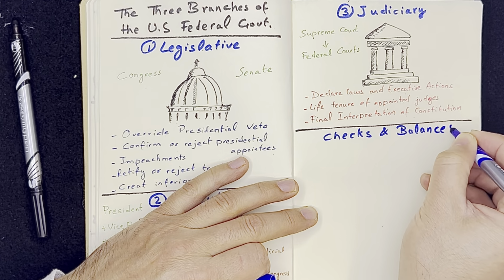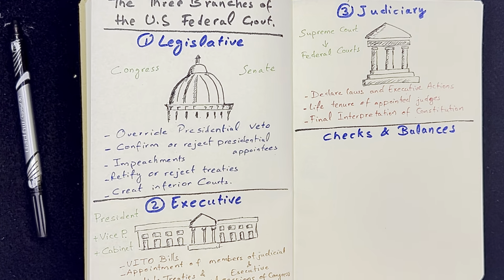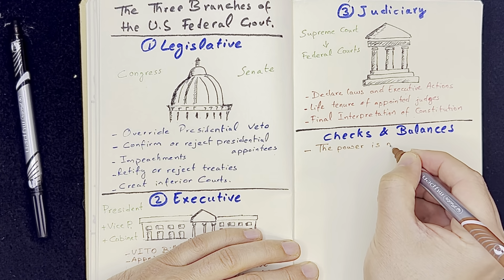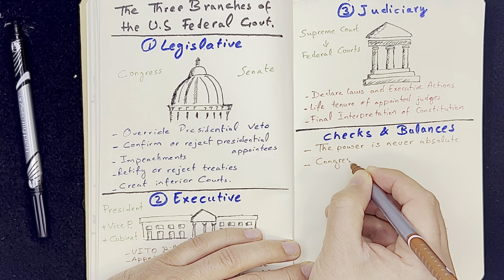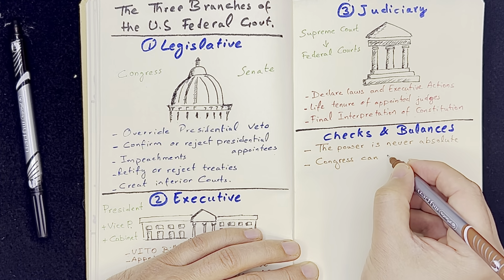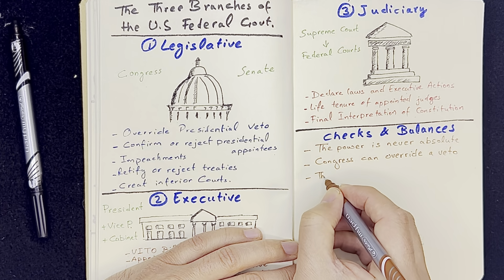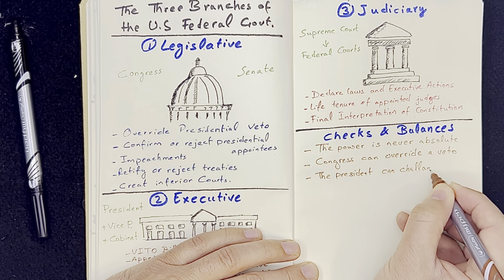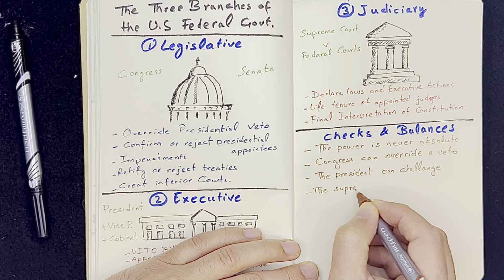Now, this is the system of checks and balances, or the battle for balance. What do we mean by that? This is the system where power is never absolute and each branch keeps the other in line. Congress can override a veto, the president can challenge the Congress, and the Supreme Court can declare actions by both branches unconstitutional.